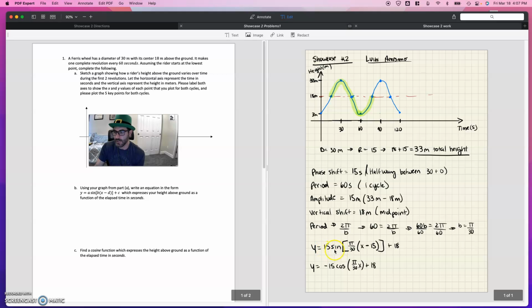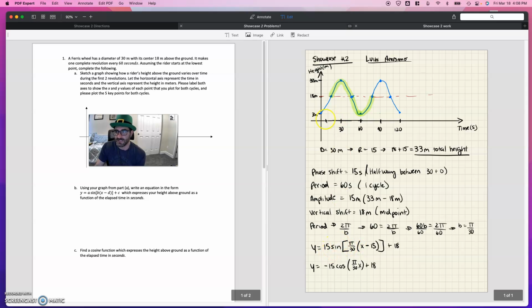So we're going to have 15 sine of pi over 30, which is our period, multiplied by x minus 15. The minus 15 is because of the phase shift to the right of 15 seconds, and then a vertical shift of 18, which is our midpoint. So we're left with this for our sine equation.